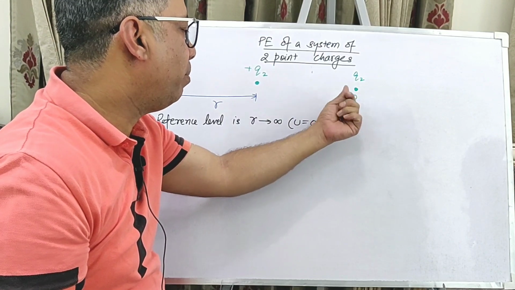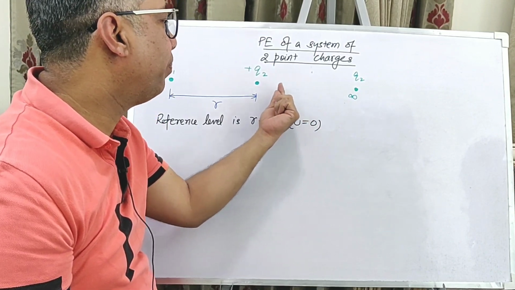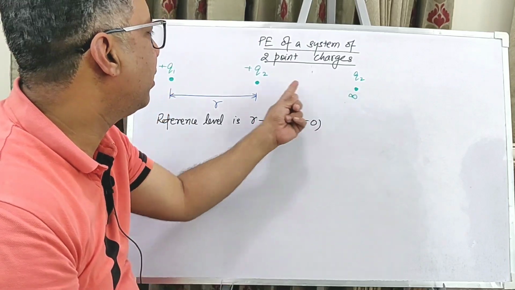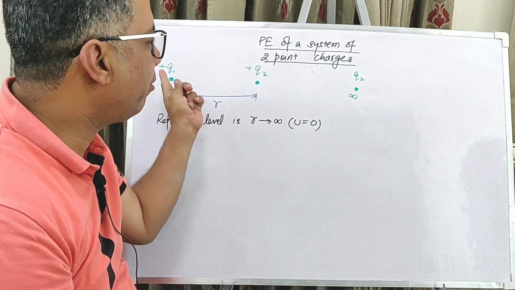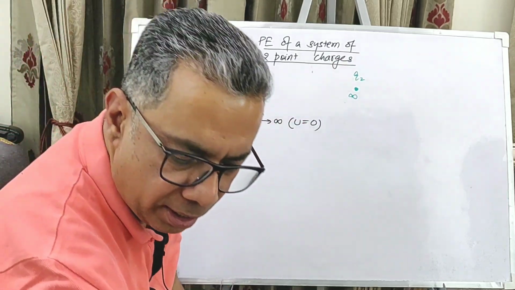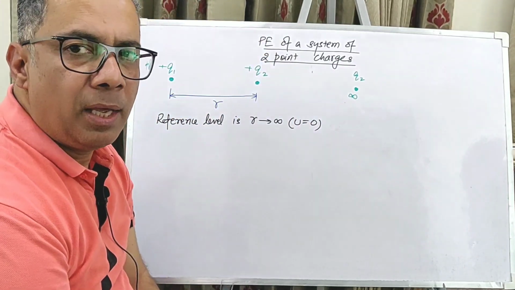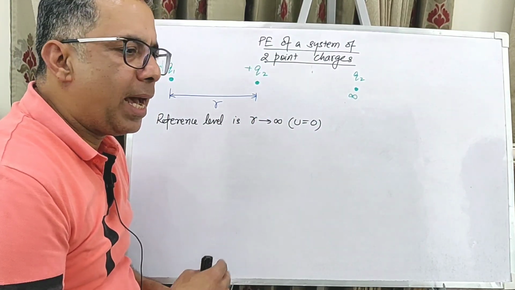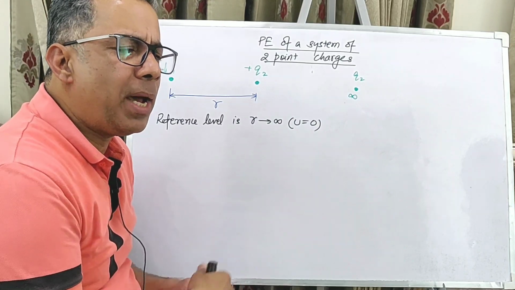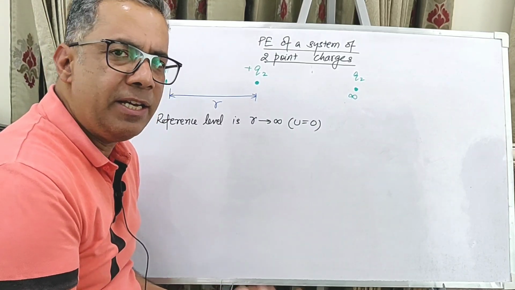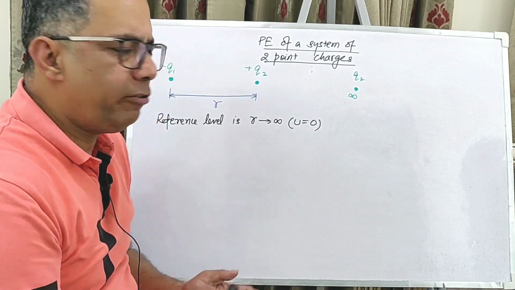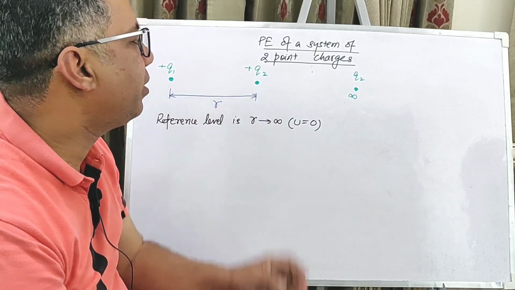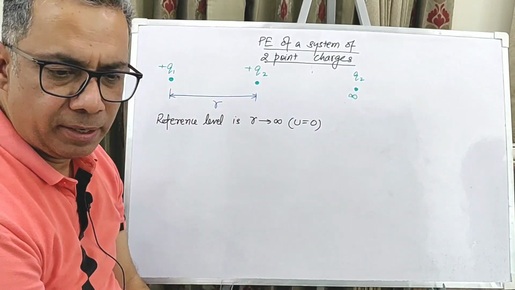Now we bring Q2 from infinity all the way up to this point, and in this process the electric field of Q1 performs some work on the charge Q2. Now we'll be calculating that work, and we are very well aware that work done by a conservative force is negative of the change in potential energy, and we'll be using this fact for calculating the potential energy of this system in the final condition here.